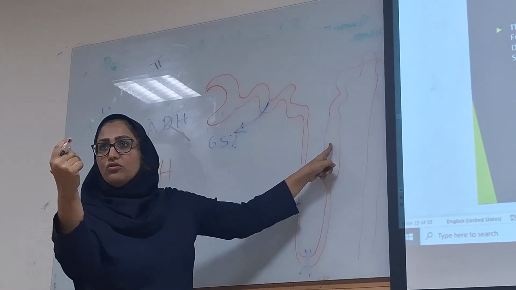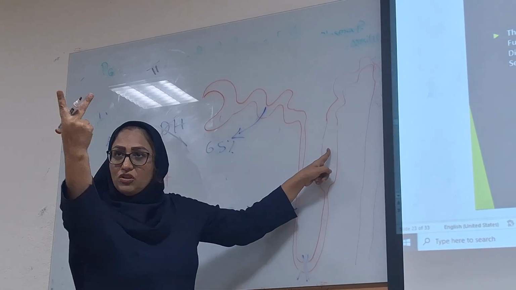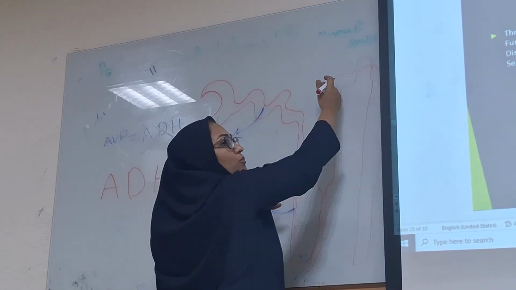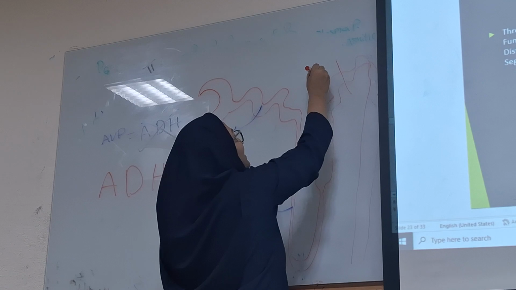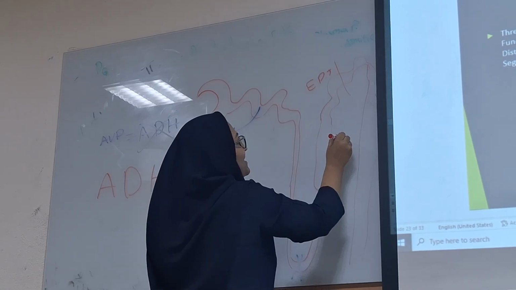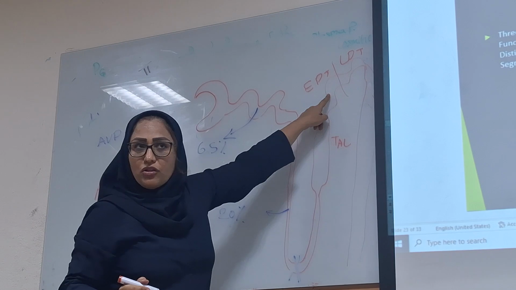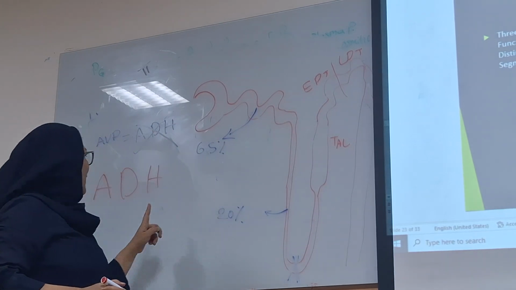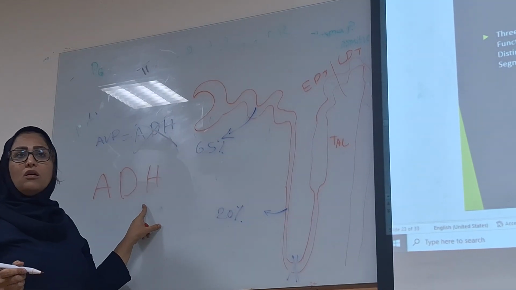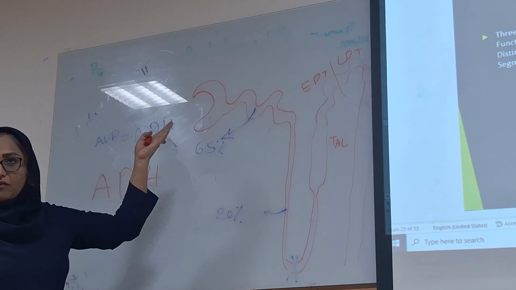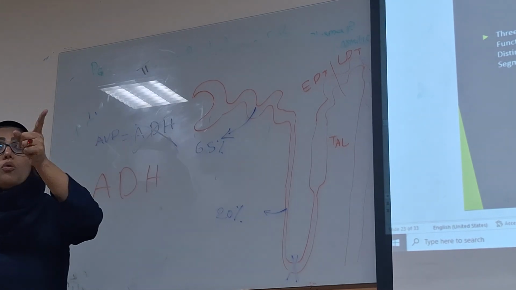Do you remember I told you the distal tubule is divided into two parts, early distal tubule and late distal tubule. Early distal tubule, thin ascending limb. When there is ADH, does ADH increase water permeability in the early distal tubule?